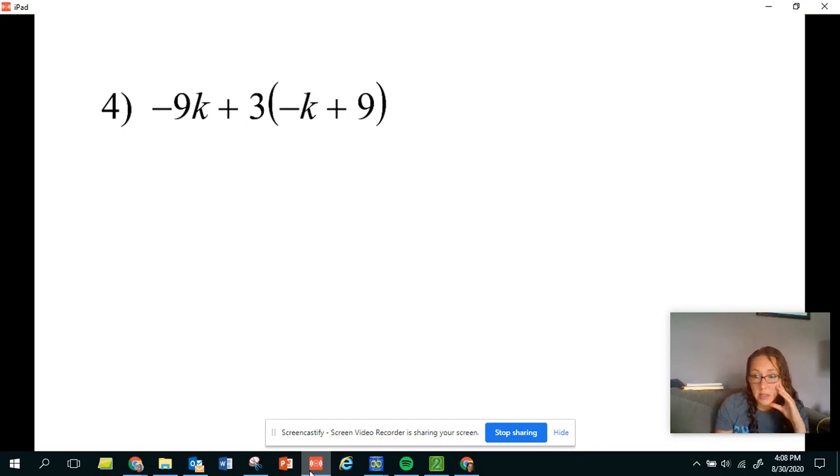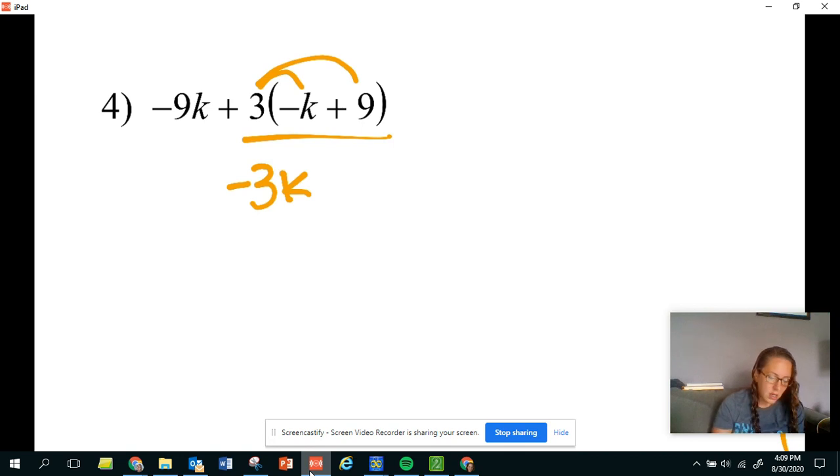When you have something like this, what you're going to want to do is distribute first. What that means is whenever I have parentheses like this, I'm going to take the number in front of the parentheses and multiply it by all the things inside the parentheses. So I'm going to take that 3 and multiply it by -k, and I get -3k.